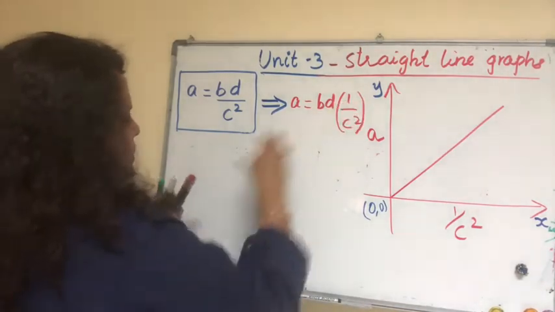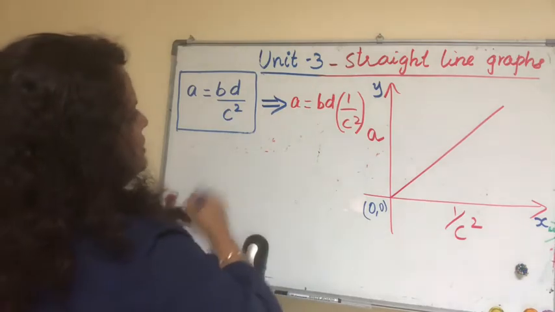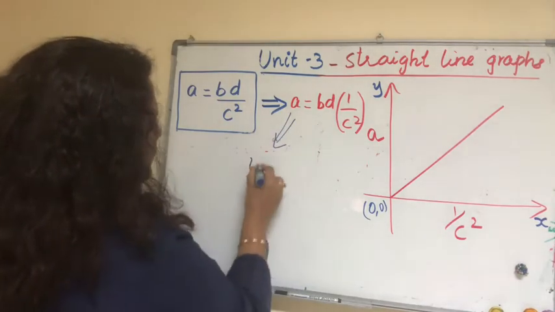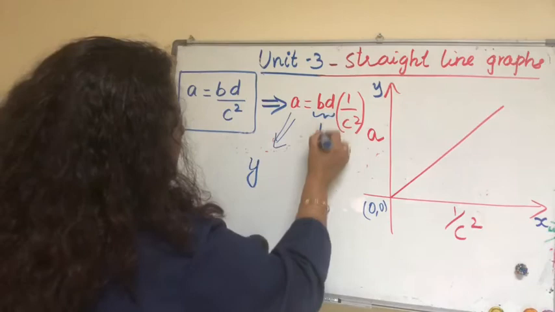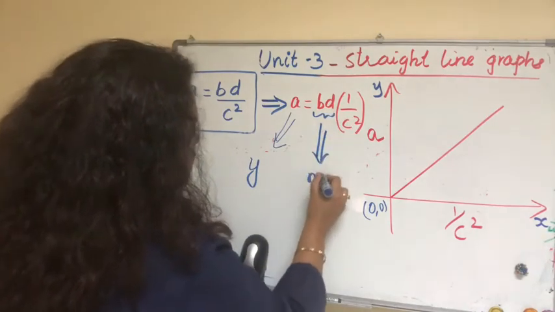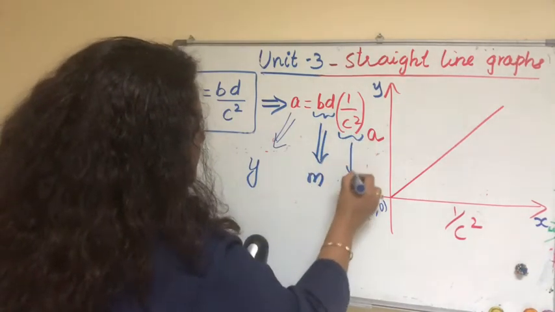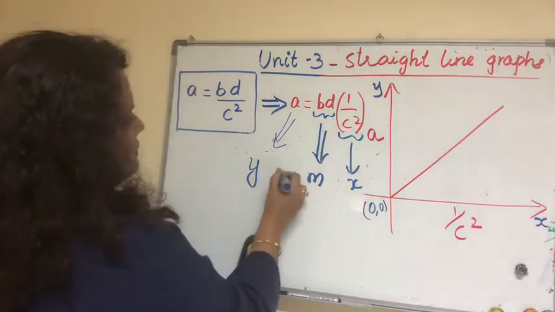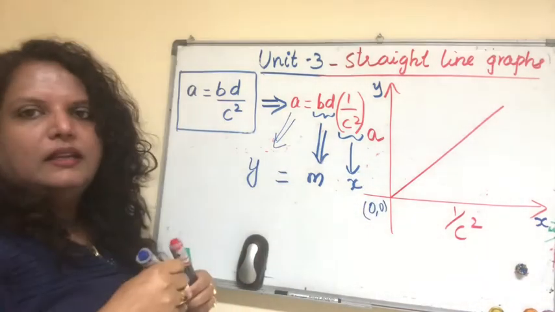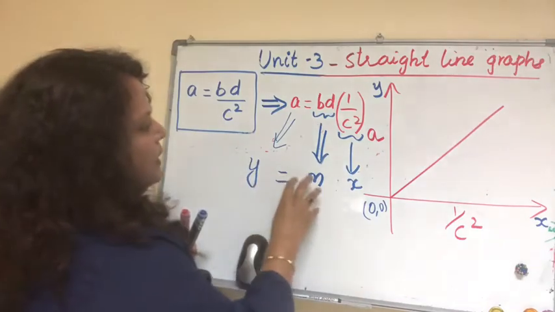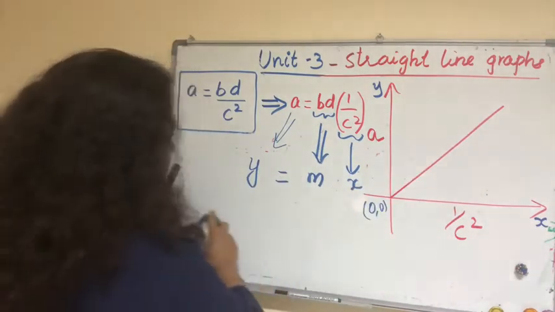So if you compare this with y is equal to mx, this is y. These two terms together will be m, and this is your x. Getting it? So y is equal to m into x, as I said, plus c, that's 0.